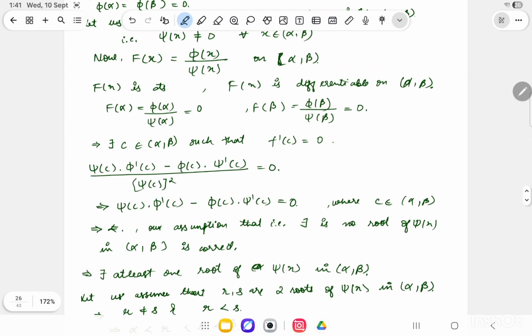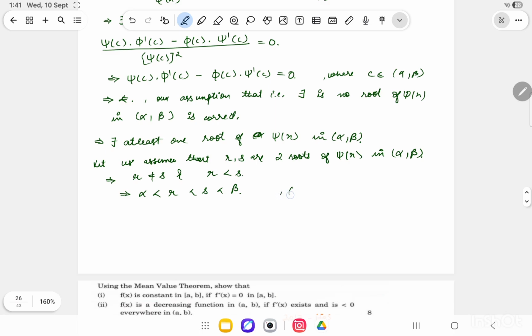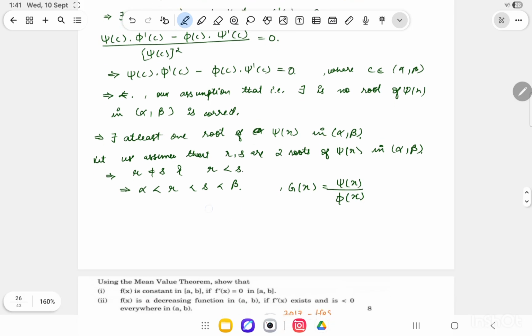Now if I perform similar operations on a function, let's say capital Gx equals psi x divided by phi x, then using the similar logic that we have done for the capital Fx function, I'll get that there exists one root of phi x in between r comma s.